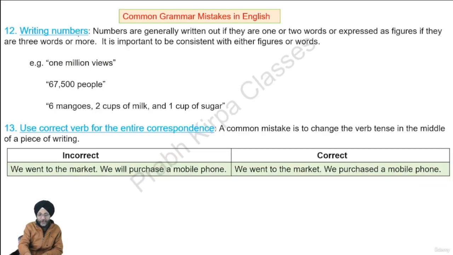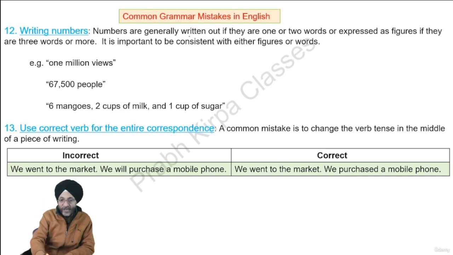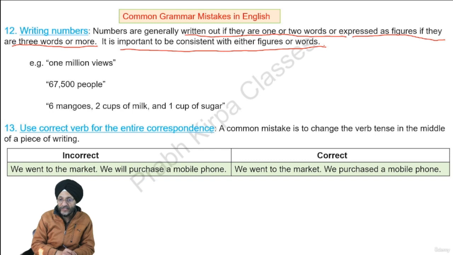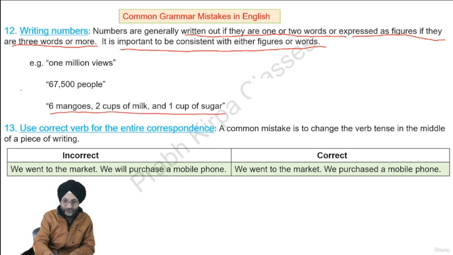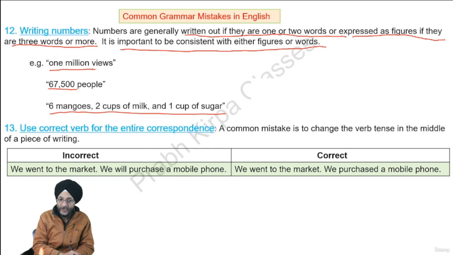Next, there may be some mistakes in writing numbers. Numbers are generally written out if they are one or two words, or expressed in figures if they are three words or more. It is important to be consistent with either words or figures. Here you can see that the same has been written in either figures or words.